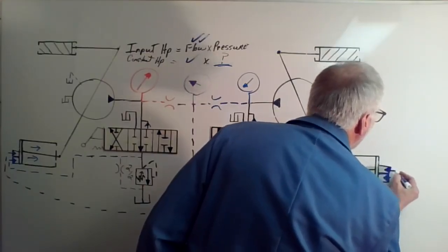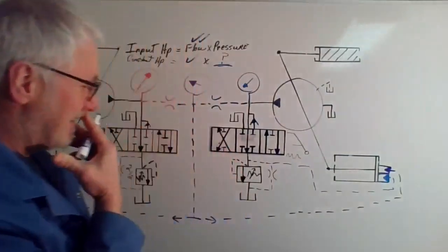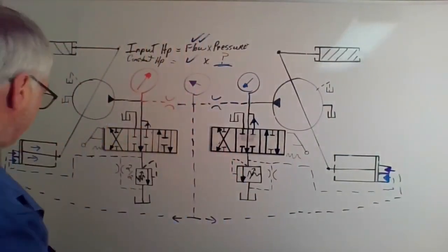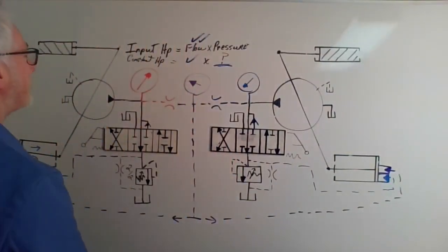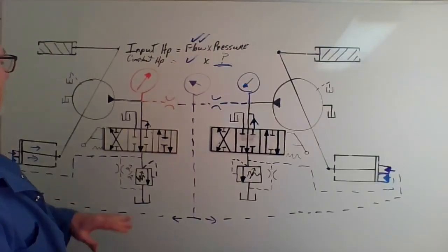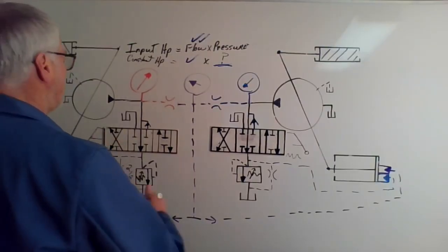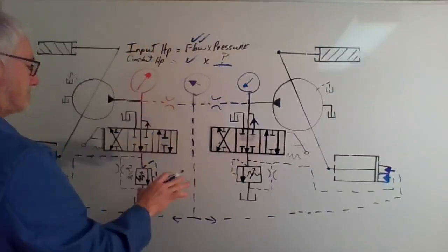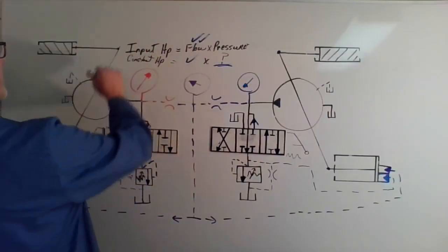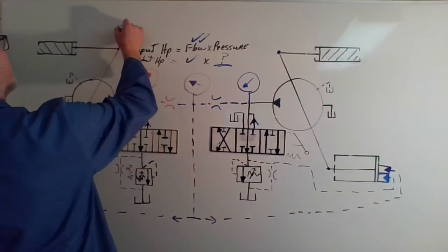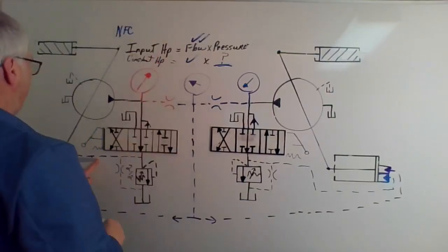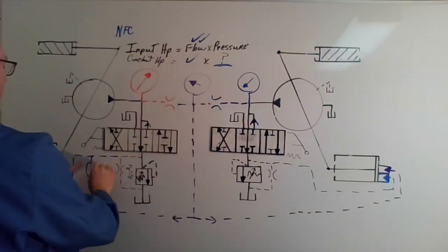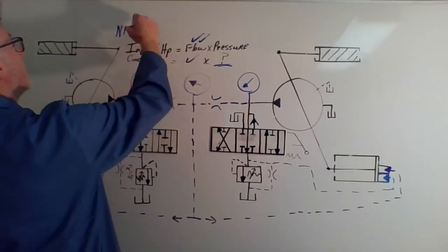So here's what happens now. Out of our first scenario, with the flow control, this is to say that the higher my NFC, which I'm going to call my negative flow control, as my negative flow control pressure went up, flow went down.